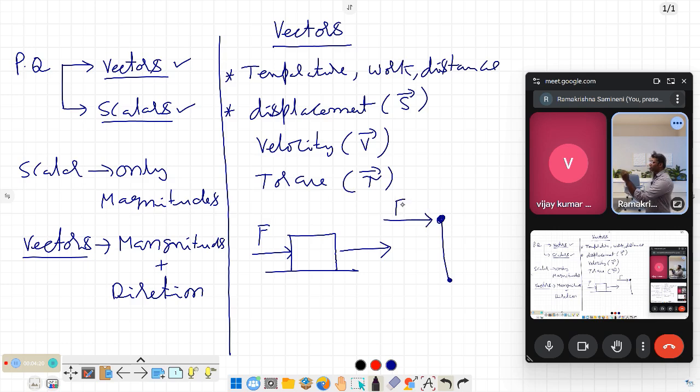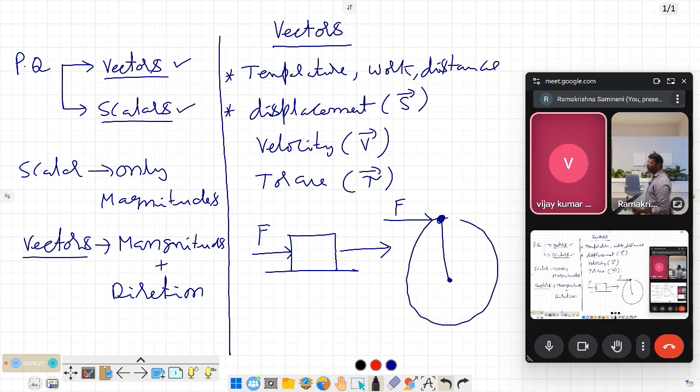The stone will move like this because it is tied at one end. Now this force, whatever it is, making this body rotate, we call torque. The rotational force is called torque. Clear?